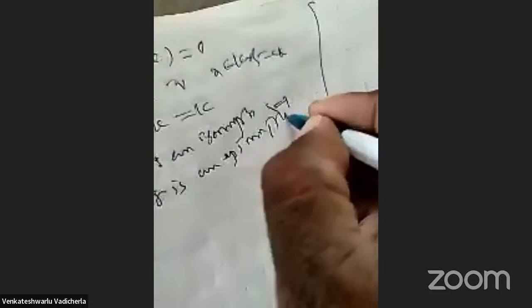So g is an epimorphism if and only if f is an epimorphism.